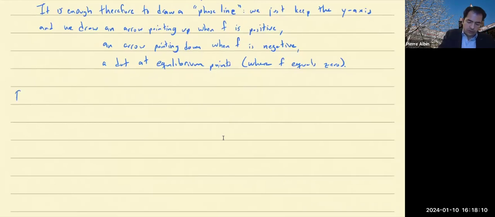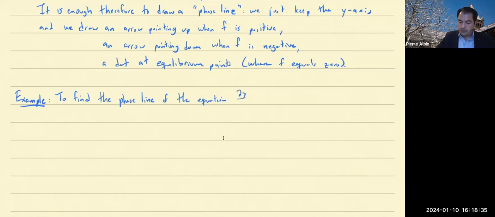Okay, so let's do an example. So to find the phase line, also called slope line, of the equation dy by dt equals y squared minus y minus 6, let's note that here f of y, y squared minus y minus 6, you can factor as y minus 3 times y plus 2.